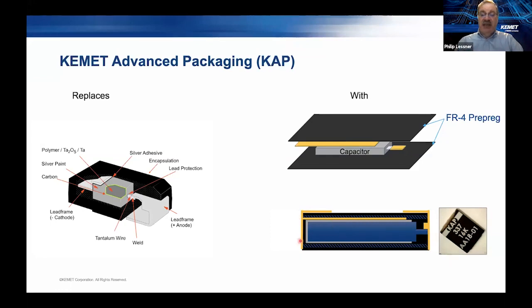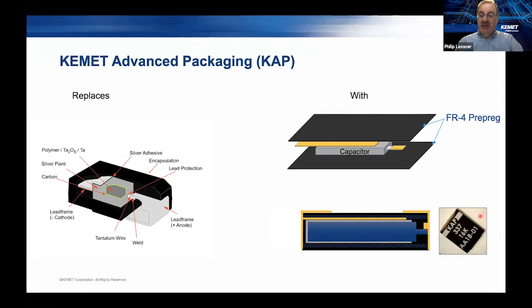So we're plating both the negative and the positive end instead of using a lead frame, and we're able to move the capacitor element much closer to the ends of the case using that. And also the FR4, which is of course a common material used in PCB board manufacture, we're able to provide a thinner and uniform wall thickness.